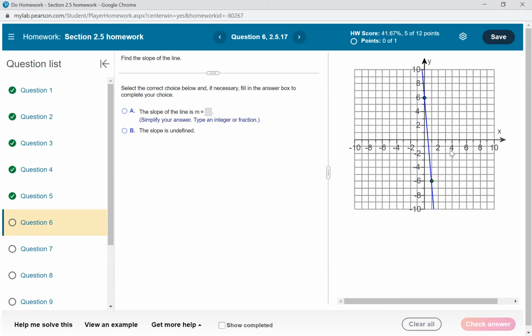So for number 6 here, I mean, this is number 7. So for our number 7, I'm looking at that graph. The point on the left side toward the top, I want that point first. So if you notice, that one's on the y-axis. So that first point is going to be 0 for the x, and then 6 for our y.